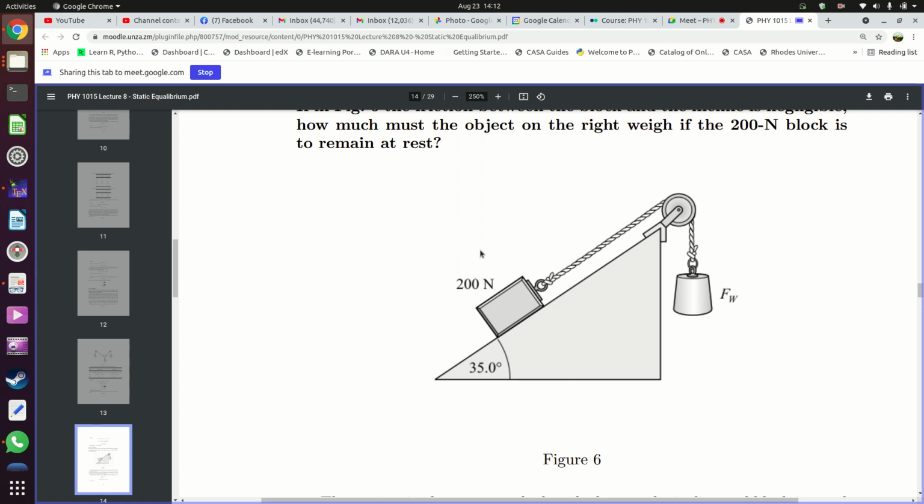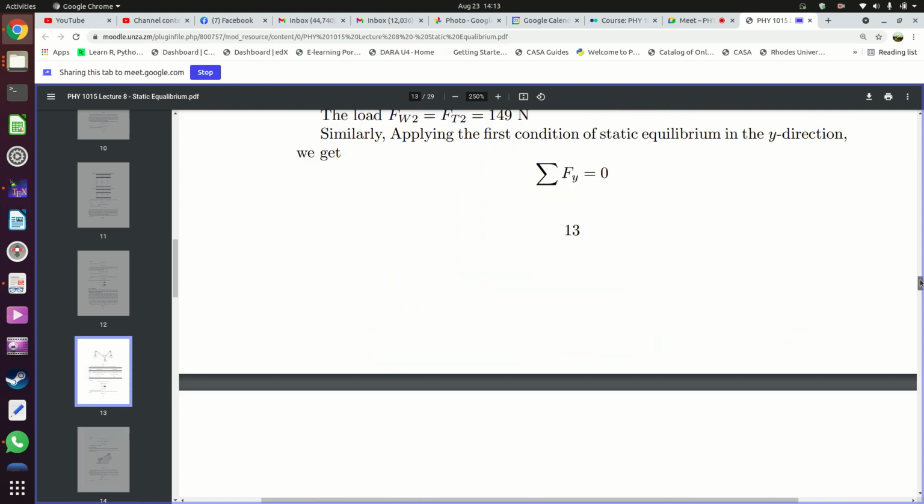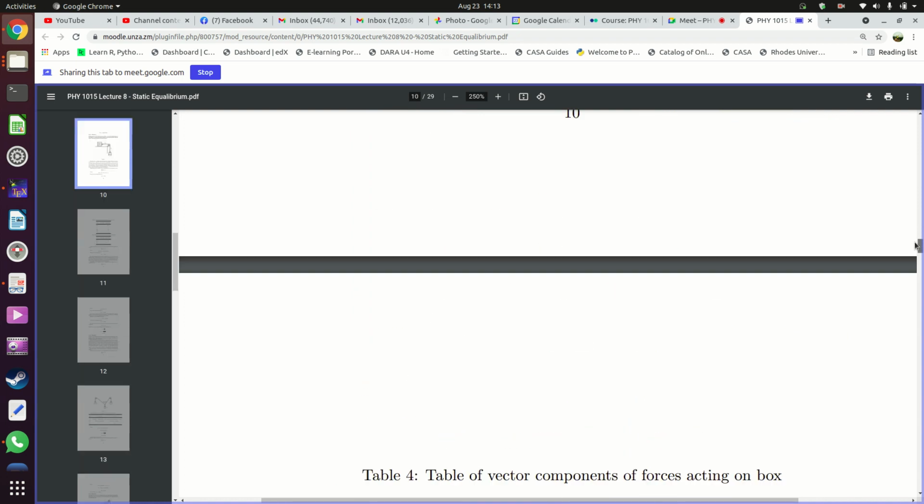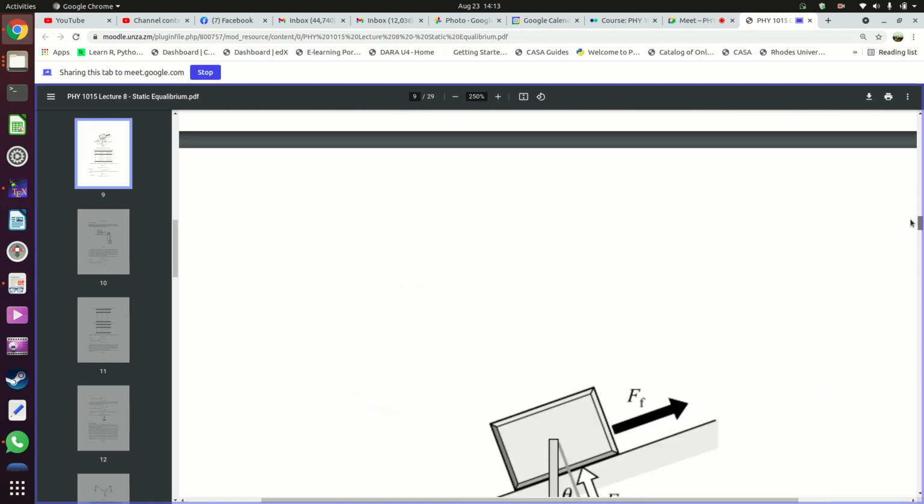When you draw an XY plane like this, the y-axis on this side is going to make an angle with the weight of this box. If you draw your y-axis from up here going down this way, it is going to make an angle with your weight. The angle between the weight of the box and the negative y-axis is going to be 35 degrees. So basically we're looking at something which looks like this.